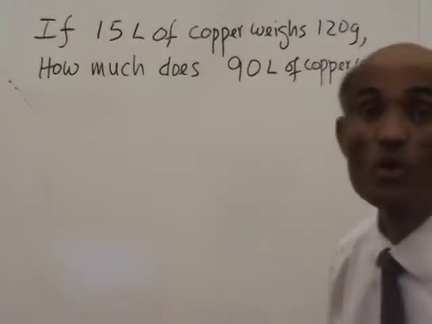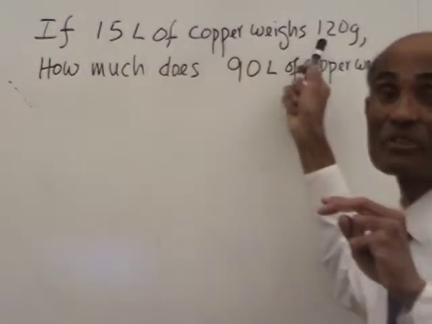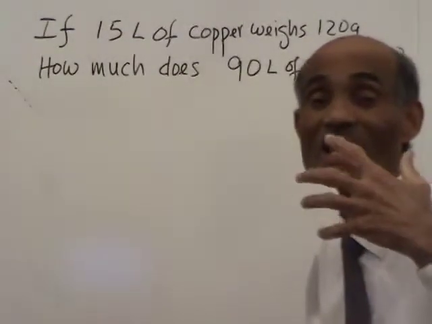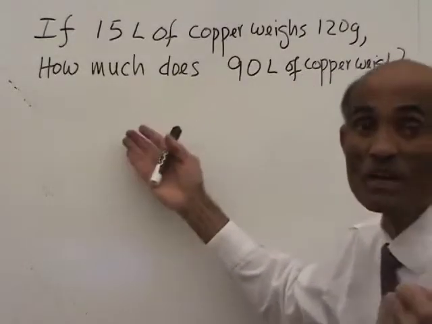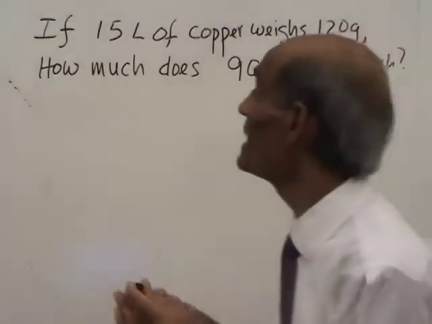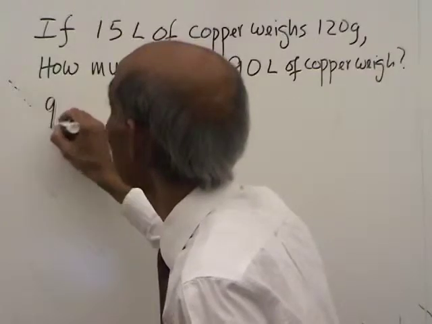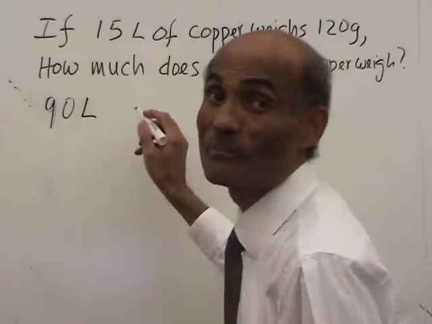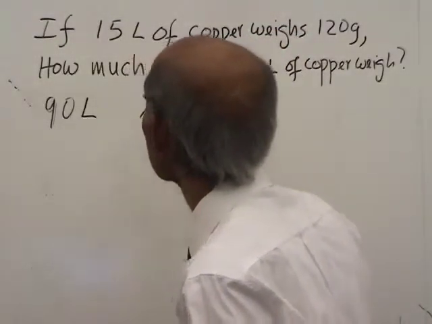Well, the two quantities here are liters and grams. So first of all, we have to answer this question: how much does 90 liters weigh? Let 90 liters weigh x gram.